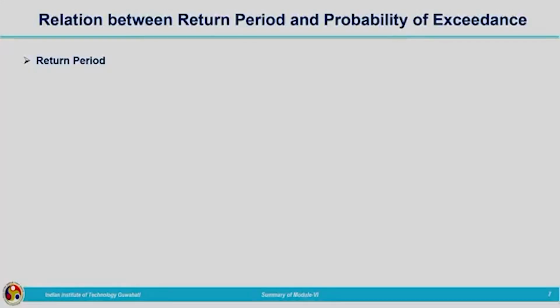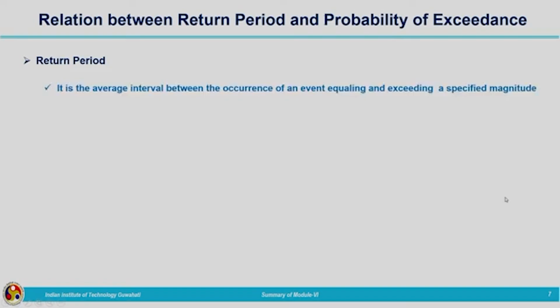In relation to frequency analysis, we have understood terminology such as return period and exceedance probability. Return period is the average interval between the occurrence of an event equaling or exceeding a specified value. It is mainly the average interval of time of occurrence of a particular event having a certain magnitude, which may be equal to that value or exceed that specified magnitude.